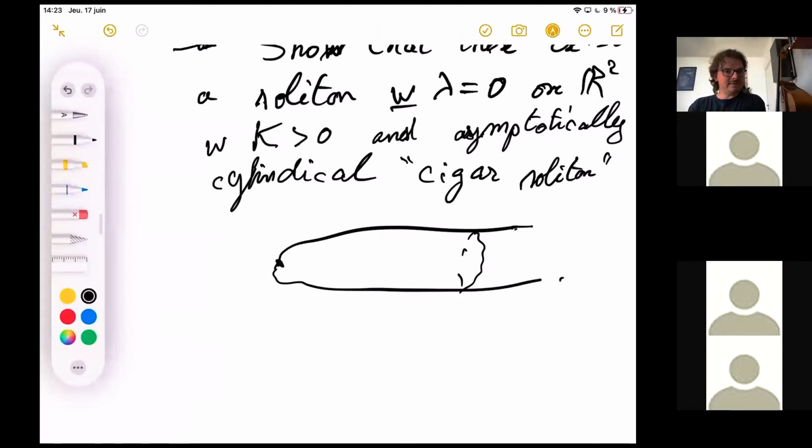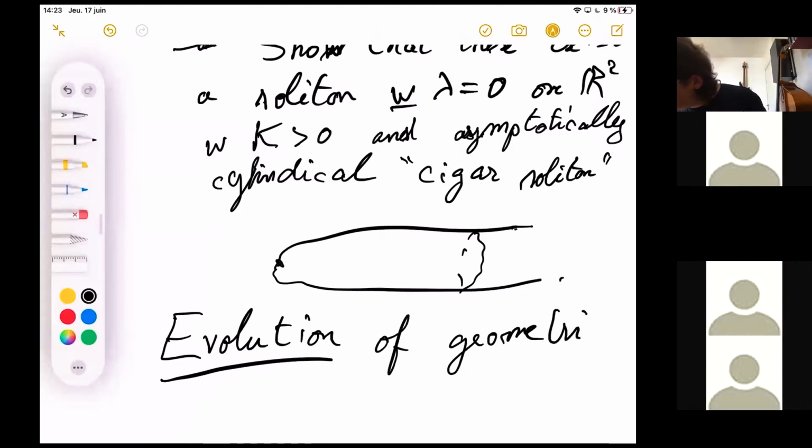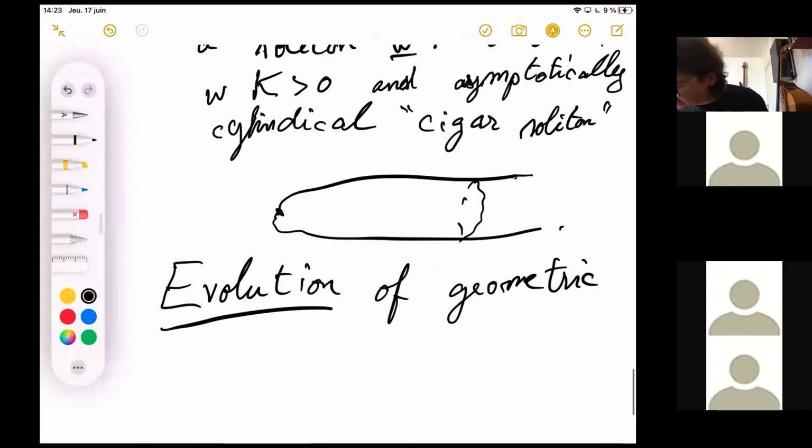It's now interesting to look at the evolution of geometric quantities. And when you're new to the subject, it is not easy to get a grasp of what's going on.